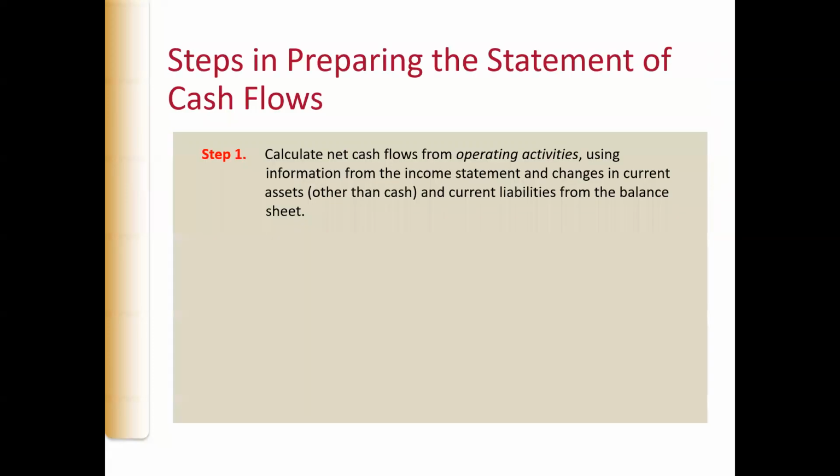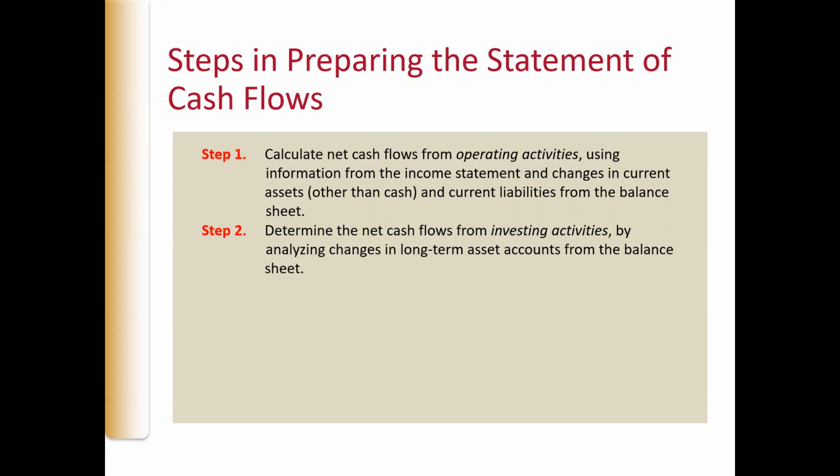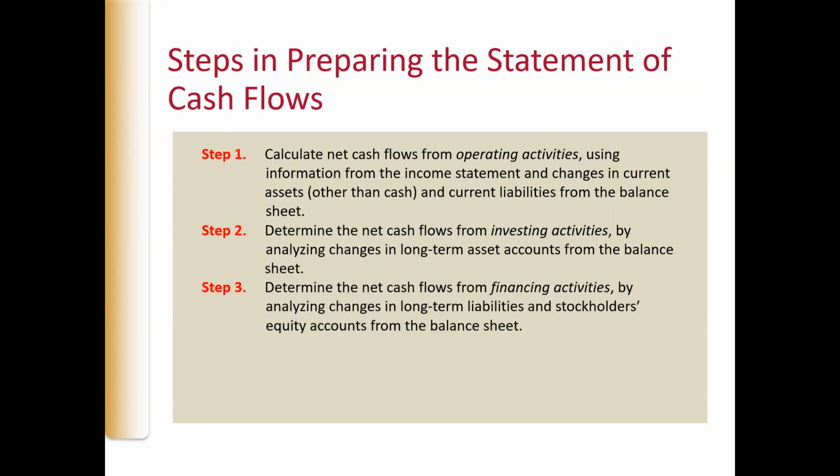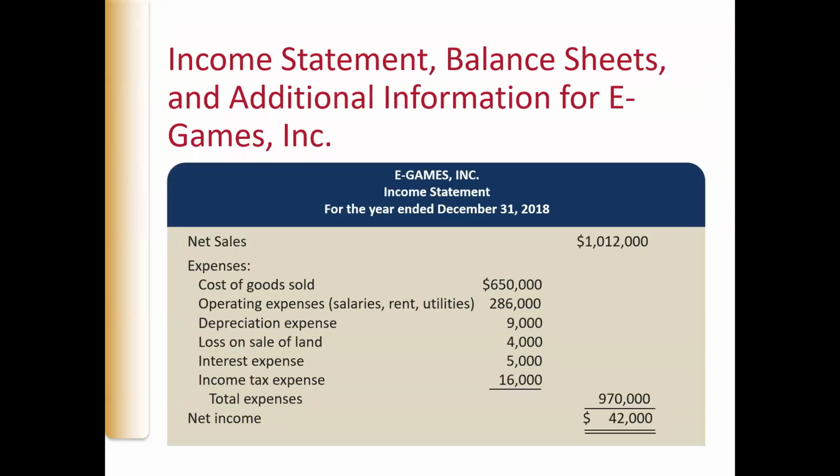Now let's talk about preparing the statement of cash flows. We start with operating activities. Then we'll do investing and then financing. So we're going to take the income statement and start with net income.